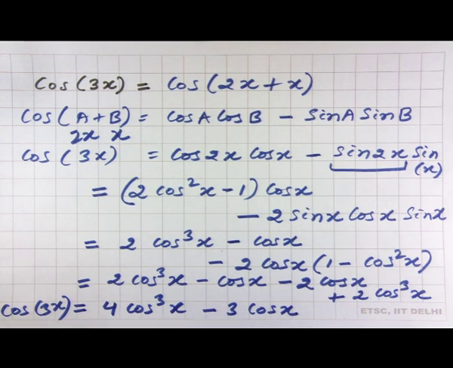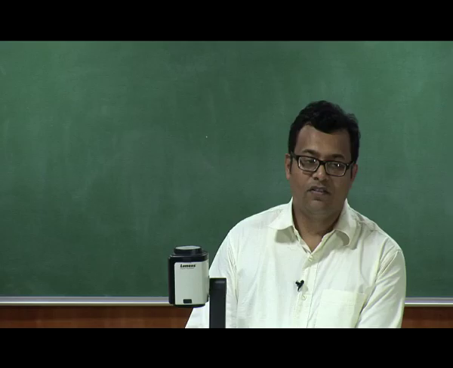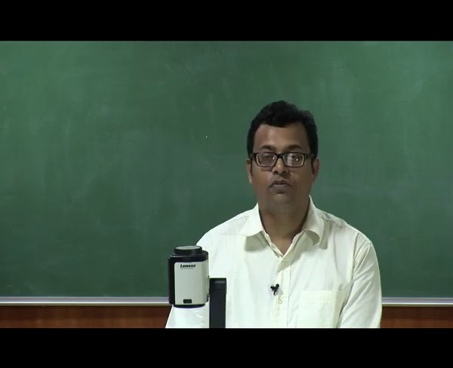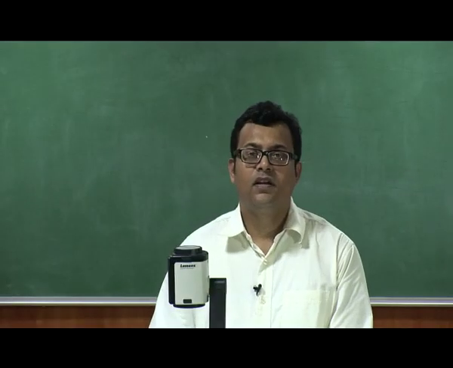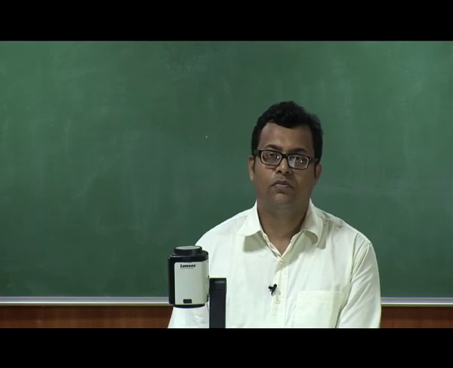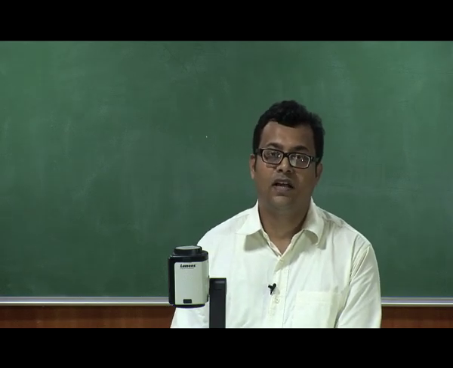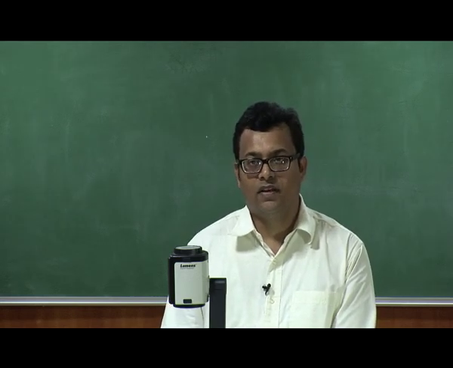So, this formula helps you, if you know the value of cosine of x, you can very easily compute the value of cosine of 3 times x. Similarly, we now derive another expression to compute the sine of 3 times x, sine of 3x in terms of sine of x.